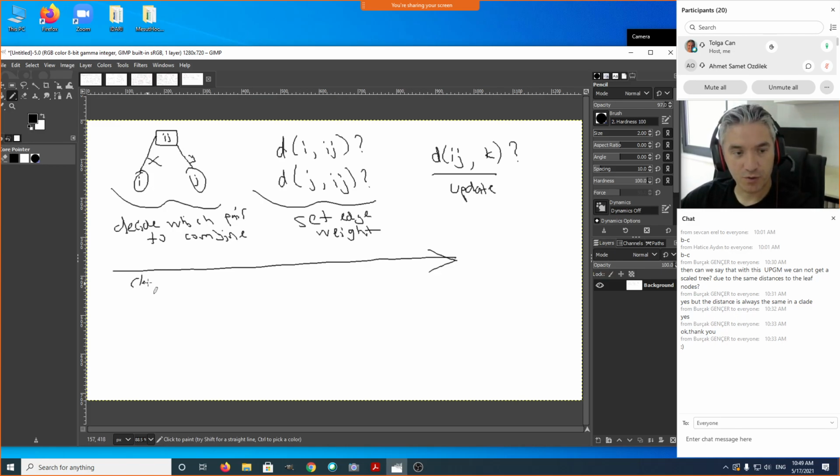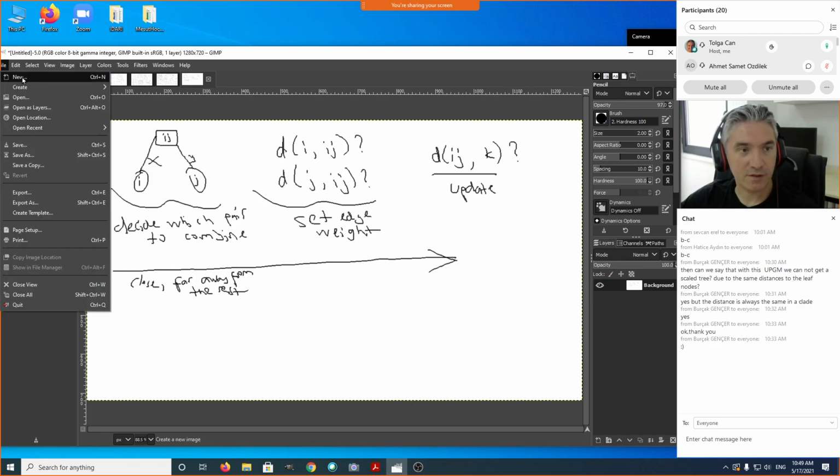We want close and far away from the rest. And then we are going to decide on these other things. Each of these steps is different from UPGMA, and let's see how we do that.